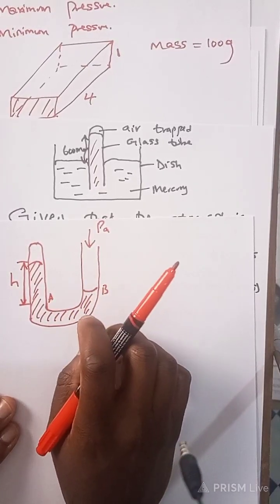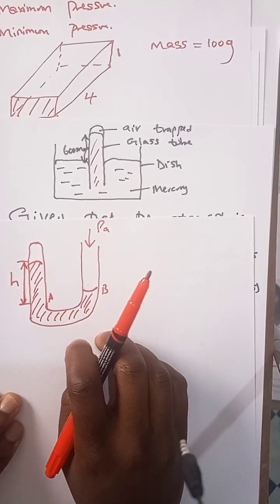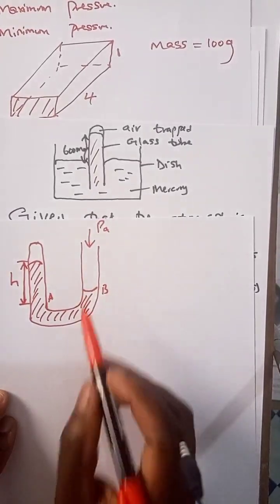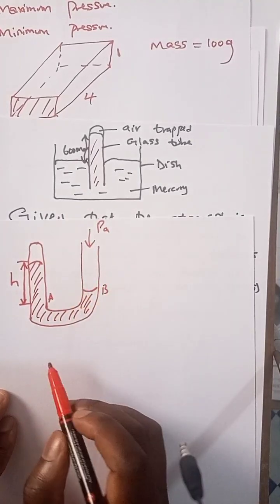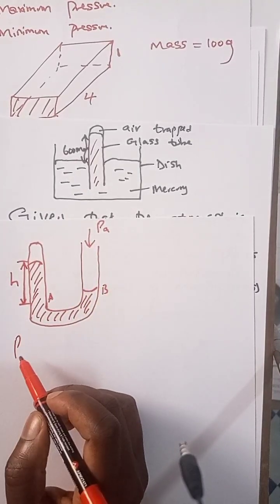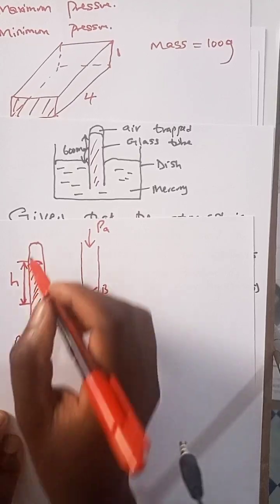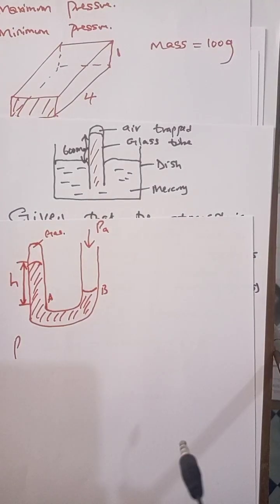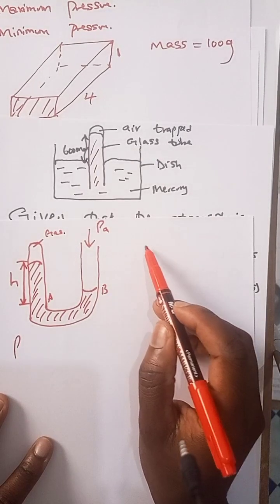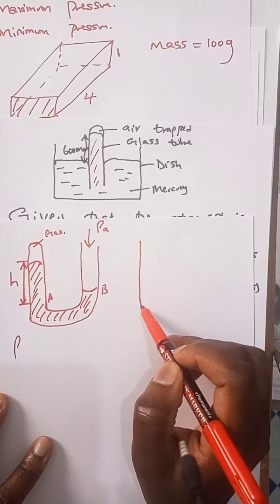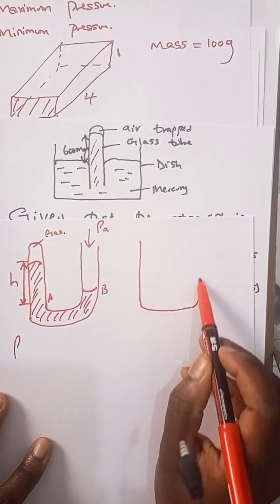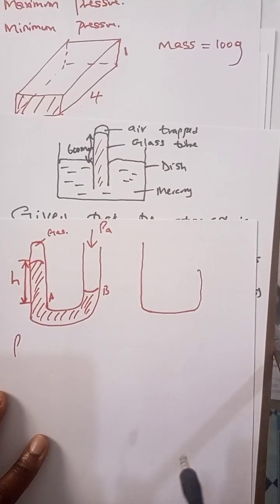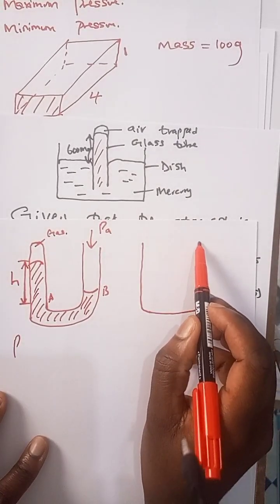So in this case we have the pressure due to the gas supply. The gas is here. So we have the pressure considered differently, unlike when we have it like this. Allow me to draw the other setup that we like using, because I'm finding students getting confused.